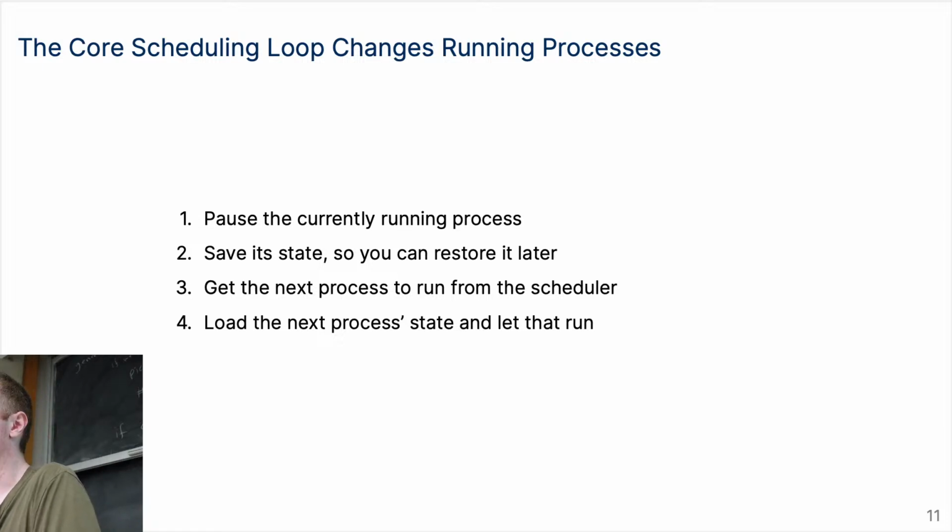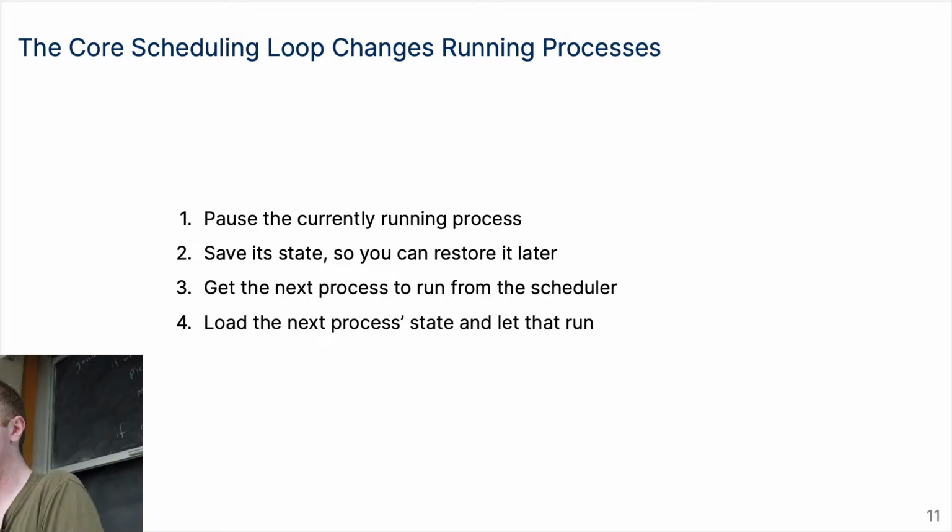So after it saves the information of the currently running process that we want to move to the waiting state, it will find the next process that it wants to run, right? Again, that's what your scheduler is going to do. It's deciding what to stop running and what to start running.